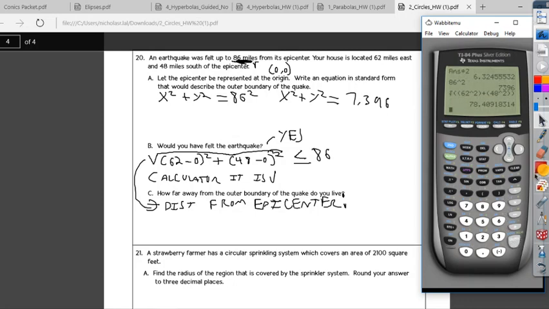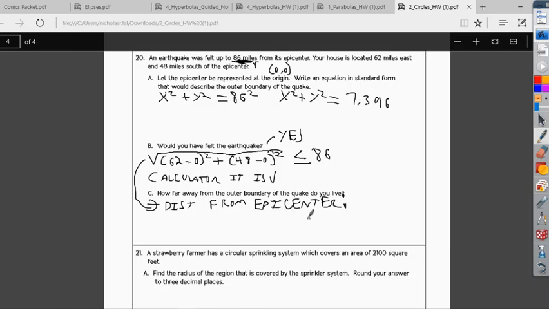That's equal to 78.41. That's equal to approximately 78.41. That's less than 86.